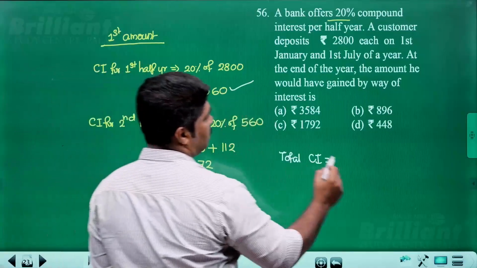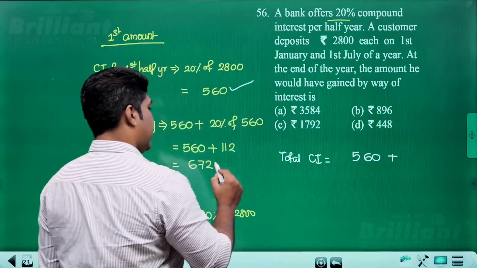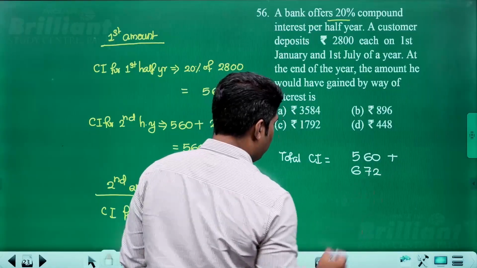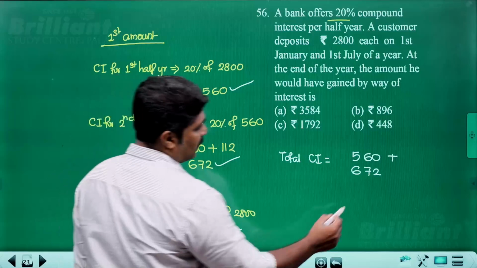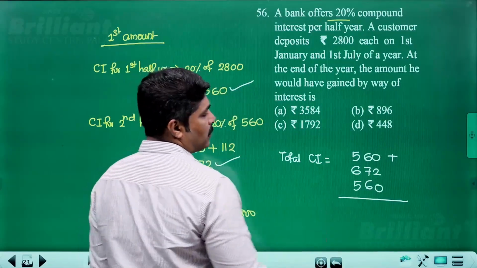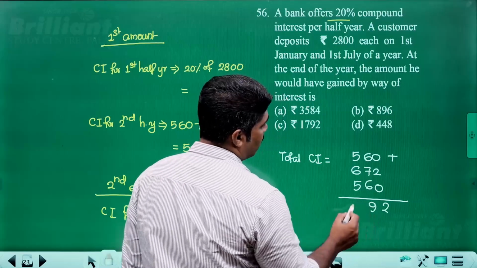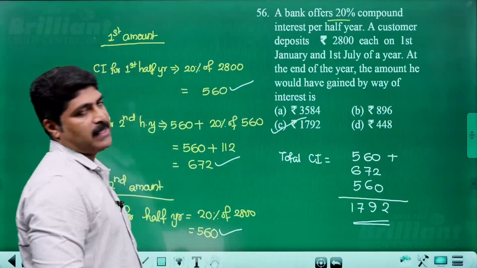First 560 plus the second half year's value, that is 672. Again, the second amount gained 560 here. Just add up together, what will you get? This is equal to 1792. So this is the answer.